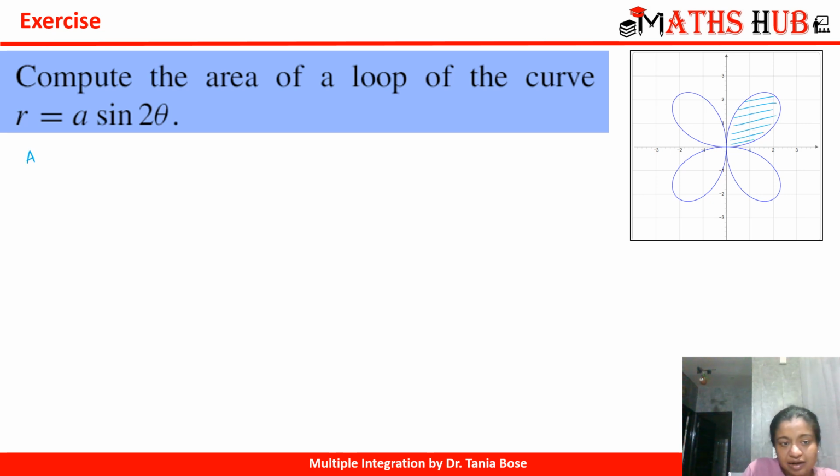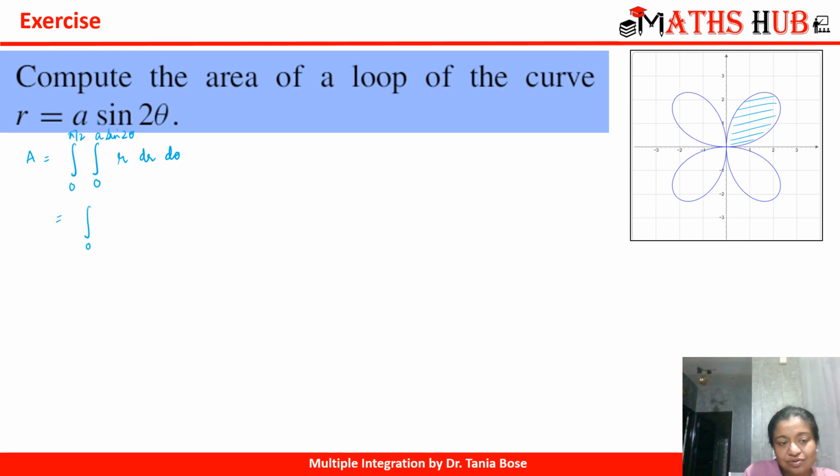So again, area is double integral r dr d theta. So the radius is 0 to a sine 2 theta. You can see it very clearly. And the limits of theta is from 0 to pi by 2, right?